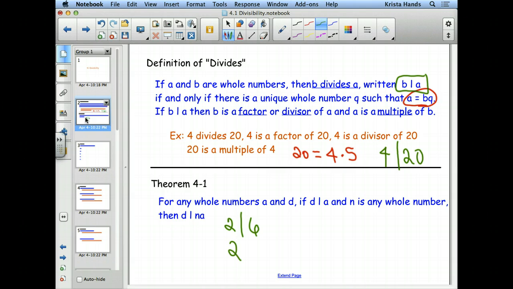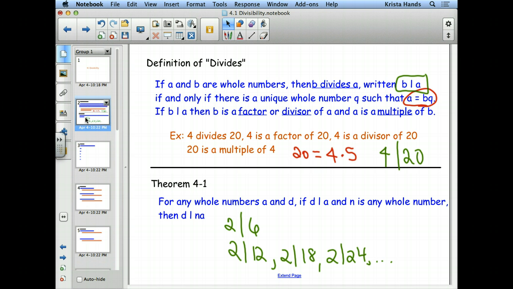This would mean that 2 divides 12, and 2 would divide 18, and 2 would divide 24, and on and on and on. So if you have a number that's a divisor of something, then it's going to divide all the multiples of that quantity as well. That's what this theorem says. They're using this N to be a multiple factor, like timesing it by 2, timesing it by 3, timesing it by 4, so to speak, for what's going on when you're reading that theorem.